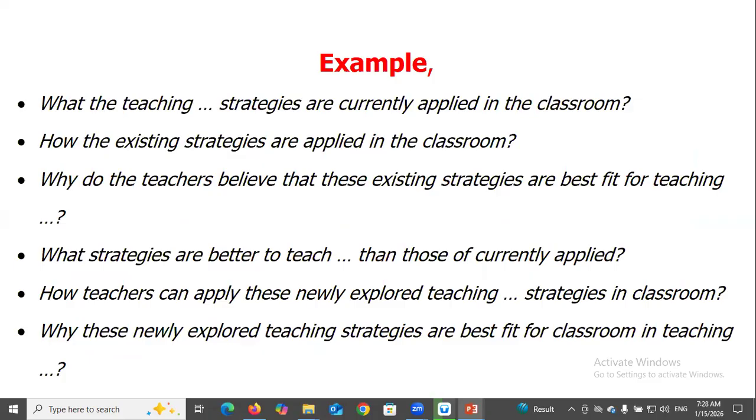What strategies are better for teaching than those currently applied? How can teachers apply these newly explored teaching strategies in the classroom? Why are these newly explored teaching strategies the best fit for teaching chemistry in the classroom?